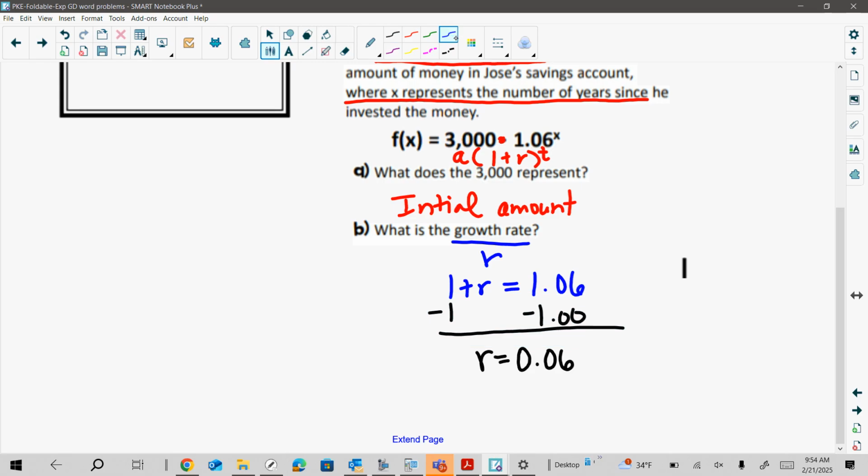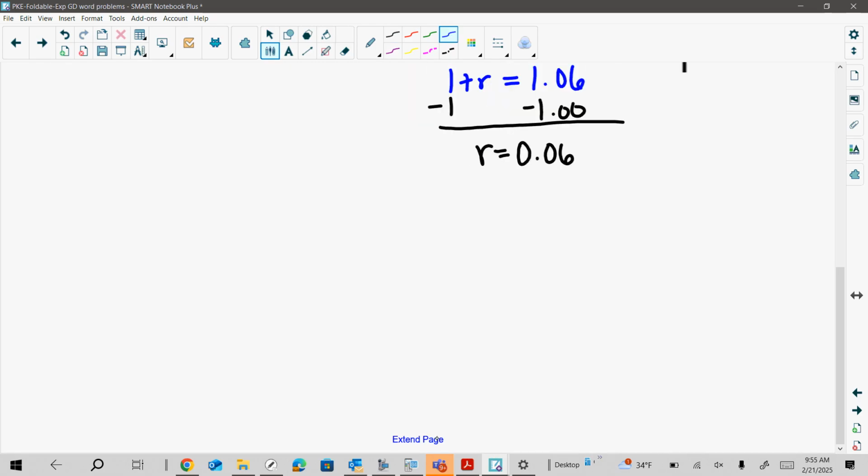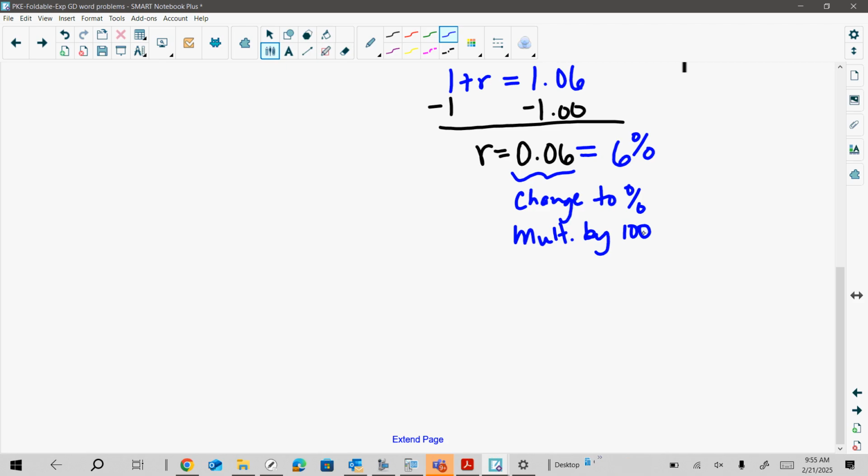But we have to change that to a percent. 0.06 is equal to what percent? Yeah, 6%. To do that, all you have to do is multiply by 100. You take the decimal 0.06, times 100, and that gives you 6, which is 6%.